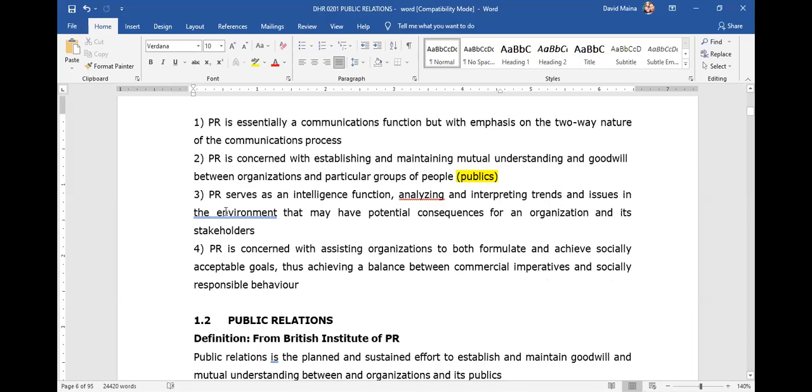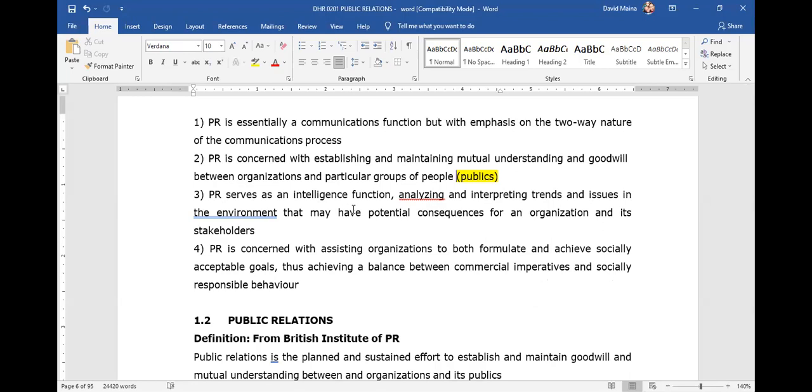So from what we have heard from those definitions, PR serves as an intelligent function that you need to analyze. You need to analyze what? Trends. You are manufacturing products. You need to analyze the way those products are being treated by the public.